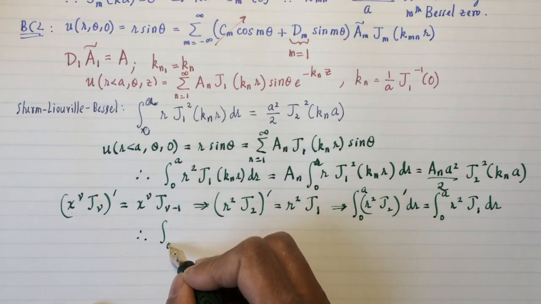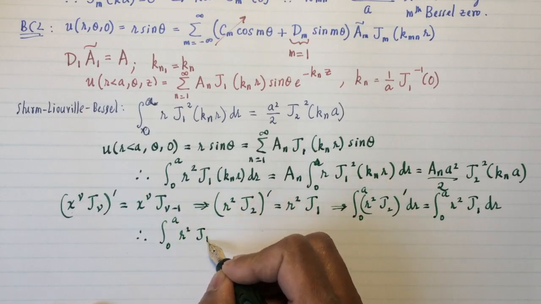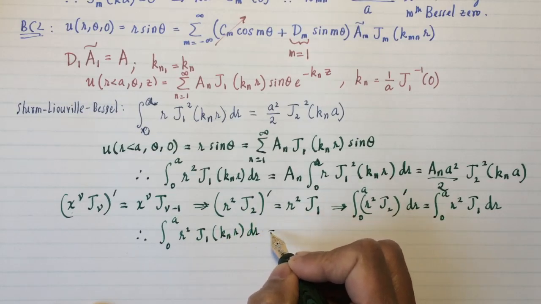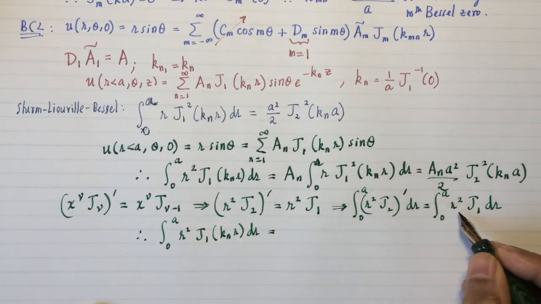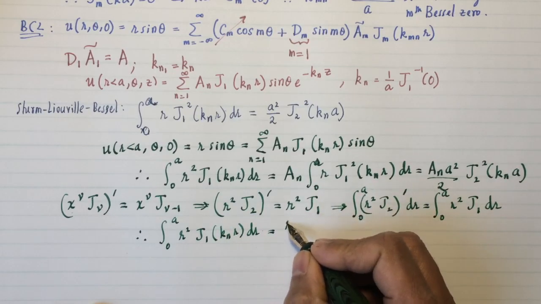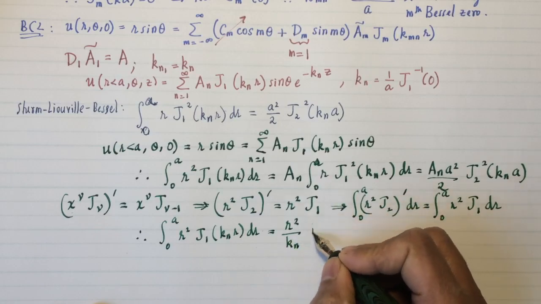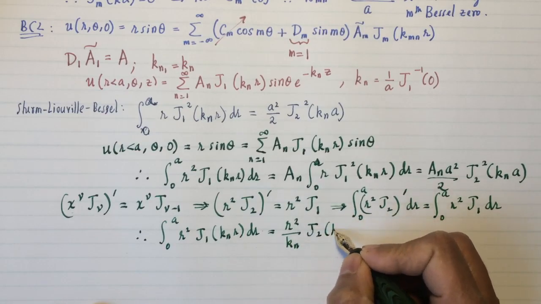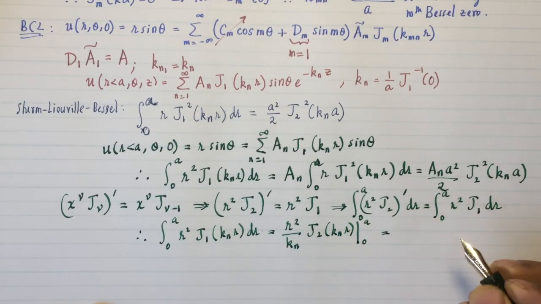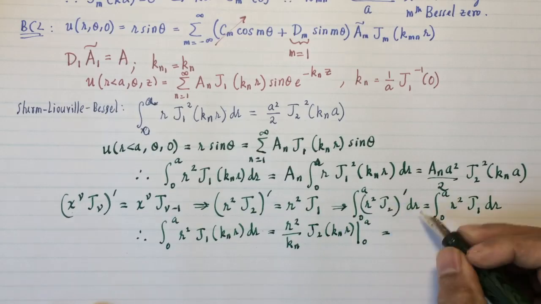So the integral from 0 to a of r squared J1 of k_n r dr, the only thing you have to be careful of is the argument is k_n r. So when you do the first fundamental theorem of calculus, you have to divide this. So you can also do a change of variables if you like at this point.